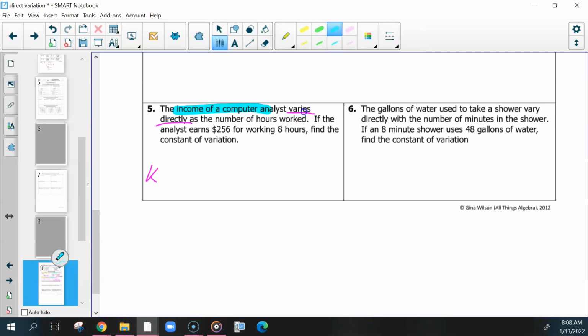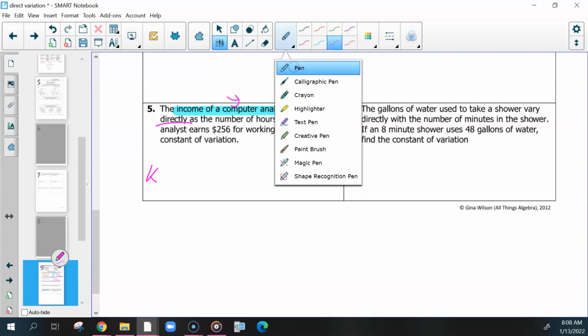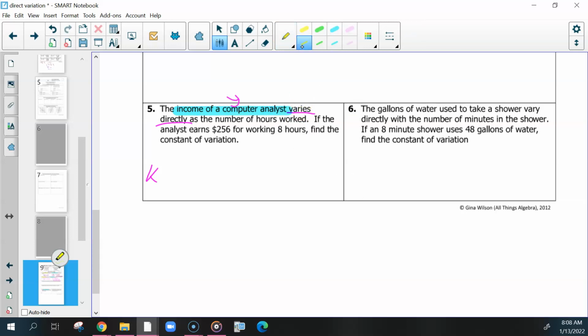So the income of a computer analyst would be your Y. I highlighted that in a different color. The number of hours worked would be your X. So to find our Y over X, we would use 256 over 8 and figure out what that is.